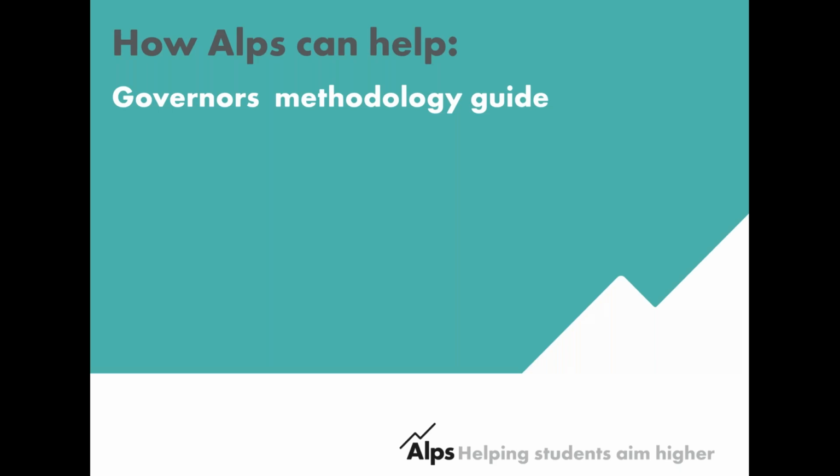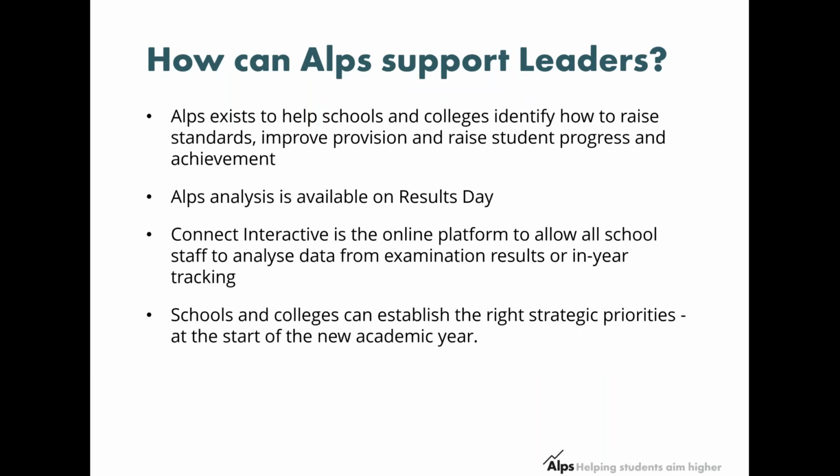Okay, here we go. This is my guide to methodology. Where does it all come from? What do the numbers mean? And how can I start to ask critical questions of my senior leadership team? Right. Okay. First thing to say is that obviously you've got your Alps report on results day, if it's been submitted, it's right there.